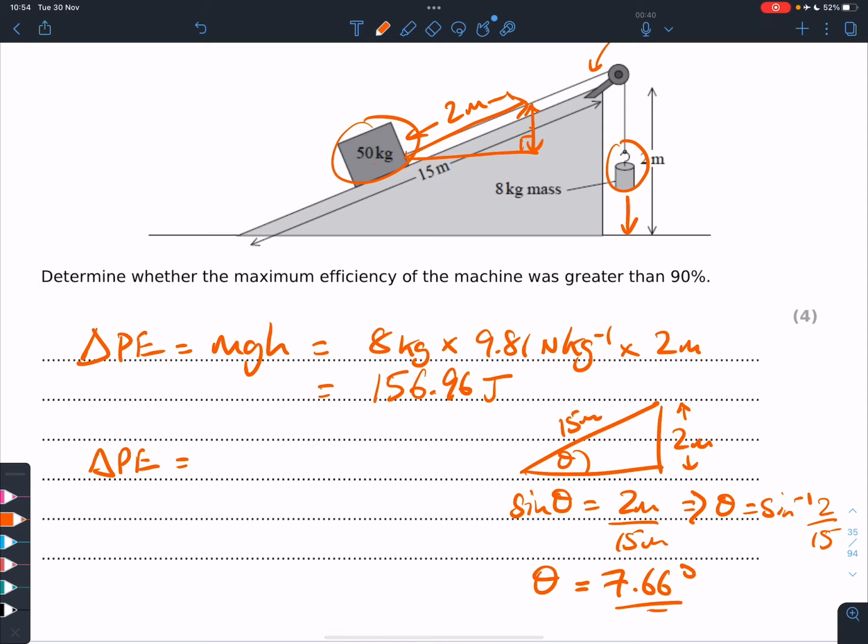so we get theta is equal to 7.66 degrees. And then we can say, okay, well, I wonder what the vertical height is here. Now we have the hypotenuse, so we've got a smaller triangle with only 2 meters there, and we've got this h, and we know theta, so we can say that sine theta is equal to h over 2 meters, or this height is equal to 2 meters times sine theta.